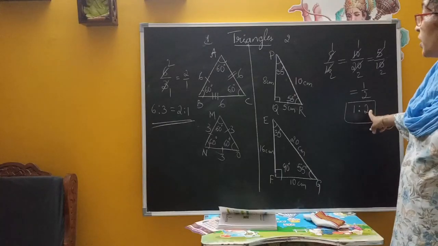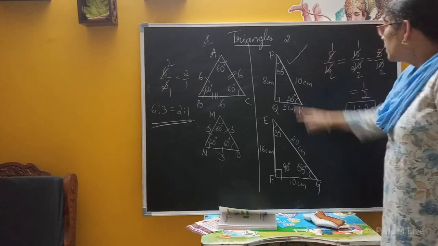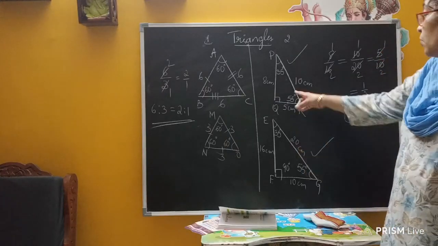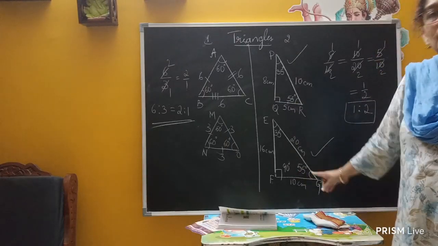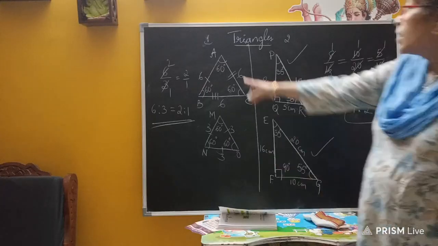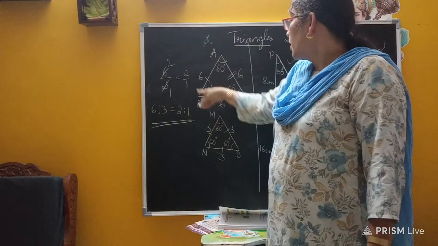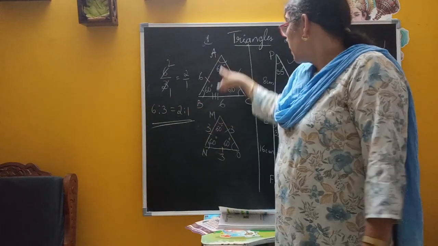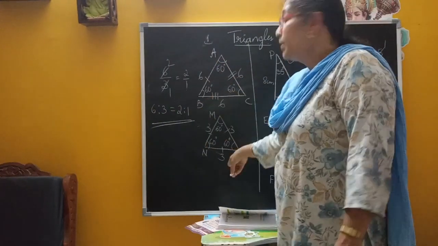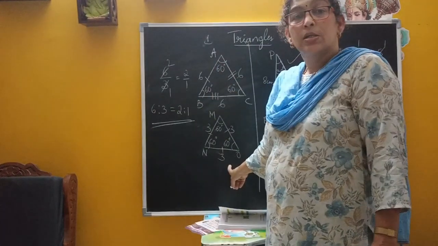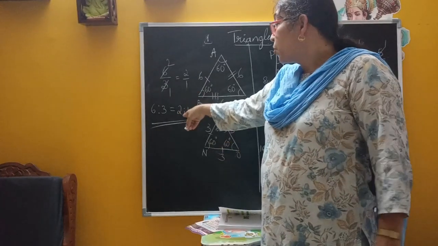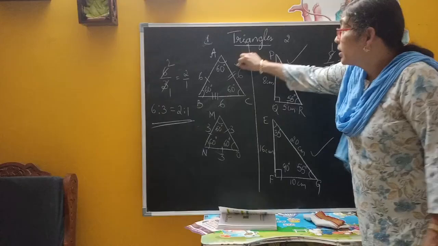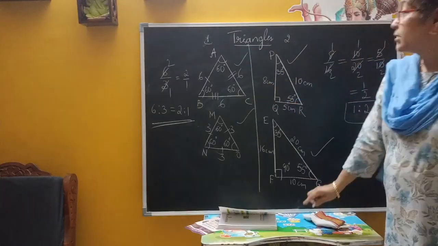So what do you say now? Triangle PQR and triangle EFG both are similar triangles. Here in ABC, each time what do you get? Ratio 2:1 only, 6 by 3, here also 6 by 3. We get equal ratio, that is 2:1. So these two triangles are similar triangles.